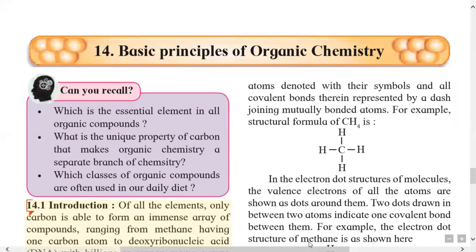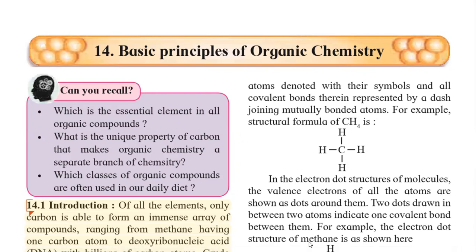Today we will start with organic chemistry, chapter number 14 in our textbook, Basic Principles of Organic Chemistry. The first question given here is: which is the essential element in all organic compounds?